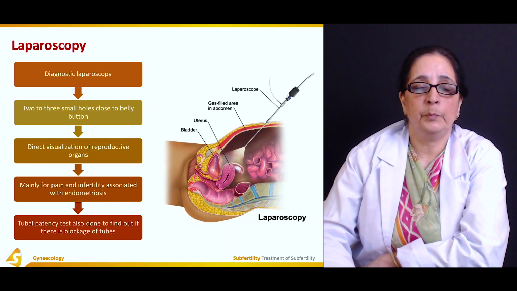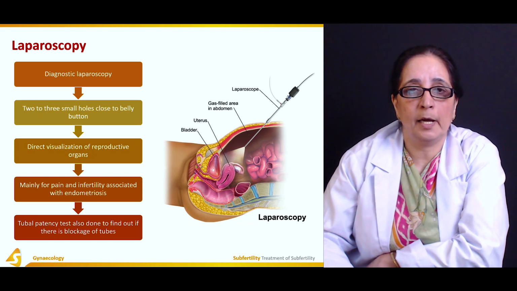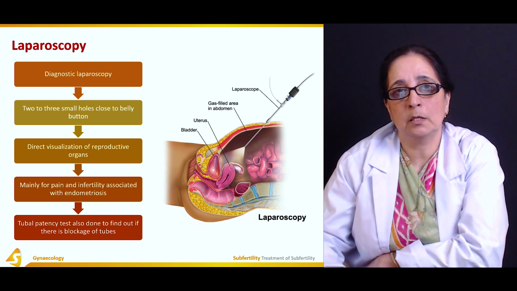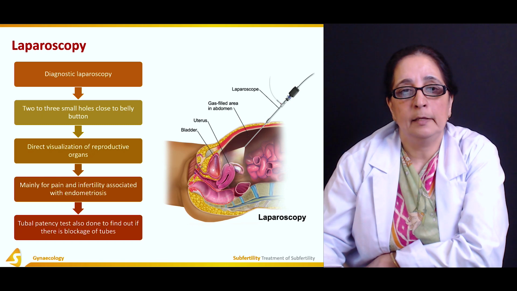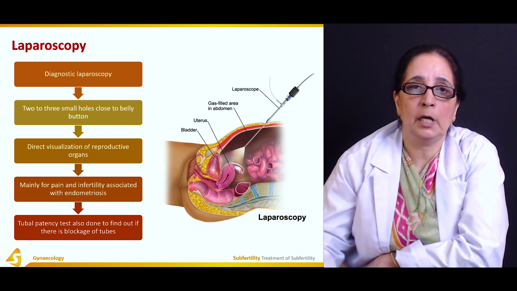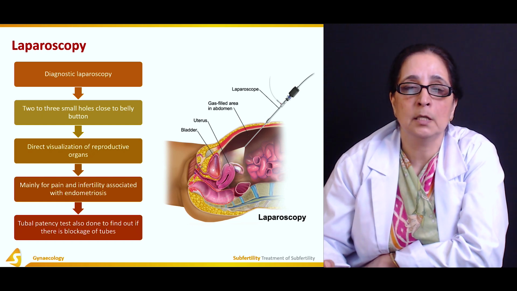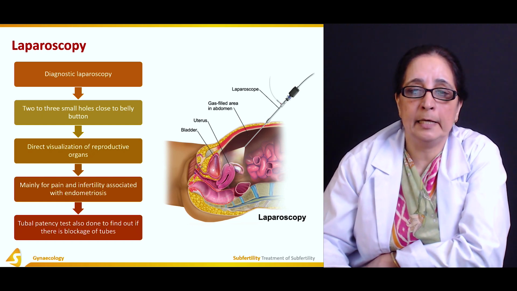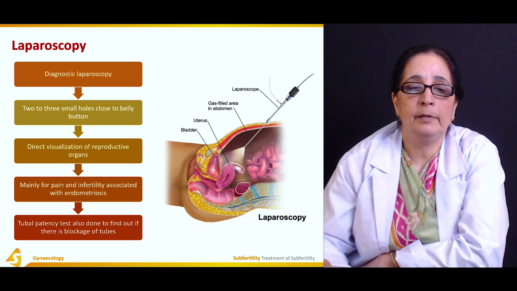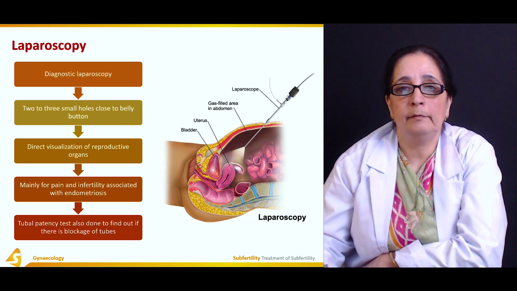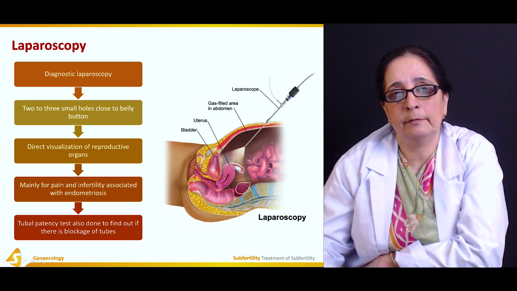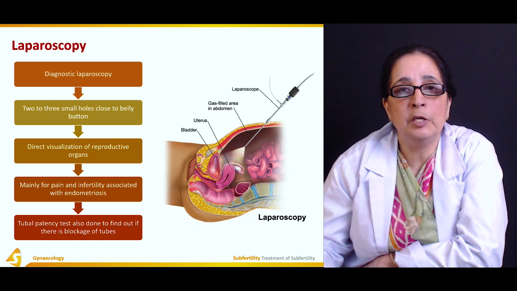Then laparoscopy is another procedure to find out the cause of infertility. This is the direct visualization of the reproductive organs to find out if there is any abnormality, if there are any masses, if there are any fibroids, if there are any septums in the uterus, if there is endometriosis.